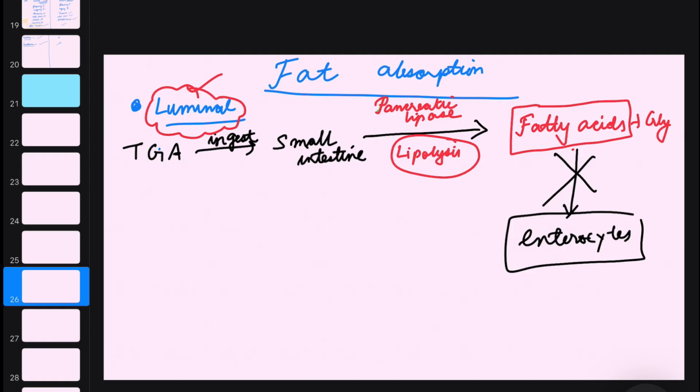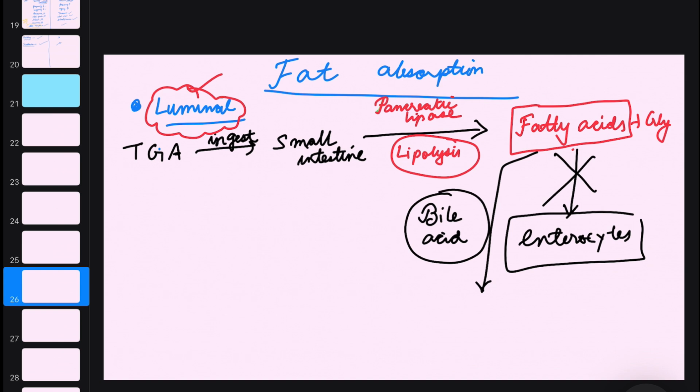What is this something that I need to convert my fatty acids into? What I need to do is convert my fatty acids with the help of very, very important, which is why we have so many disorders related to bile acid.